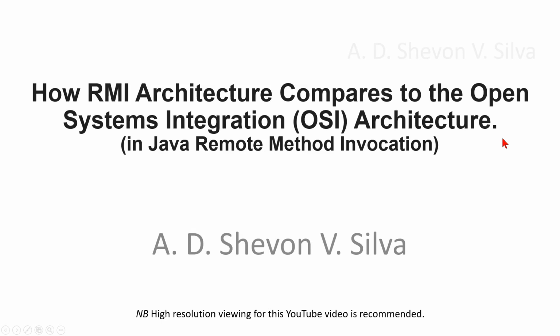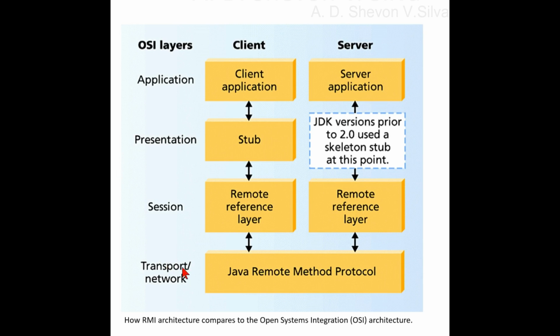How RMI architecture compares to the Open Systems Interconnection OSI architecture in Java Remote Method Invocation. Here you can see how RMI architecture compares to the OSI architecture.